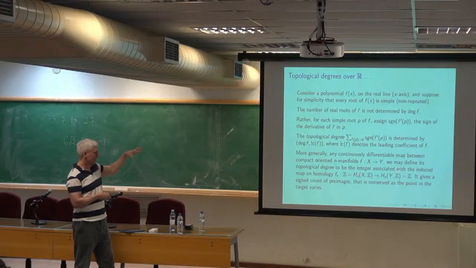The idea is that this topological degree is a signed count of pre-images. You fix a point in the target, and that's what this map on homology gives you, and it's conserved as the point in the target varies.